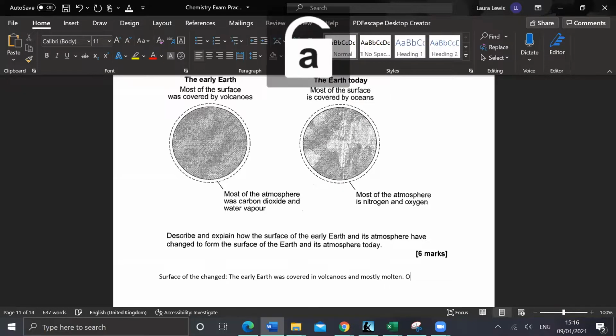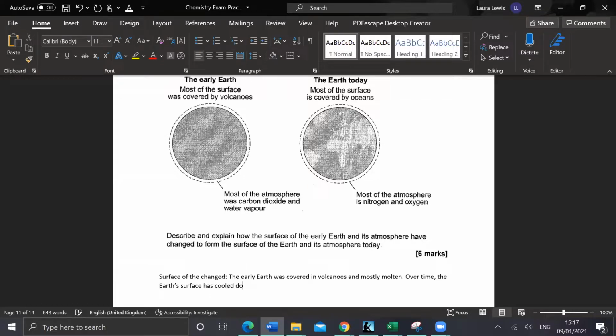So over time, the Earth's surface cooled down, because the core is still quite hot, but we're talking about the surface, not the inside of the Earth. The Earth's surface has cooled down and solidified to form rock.